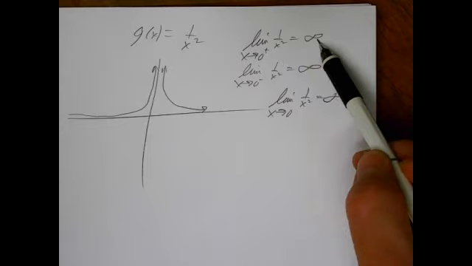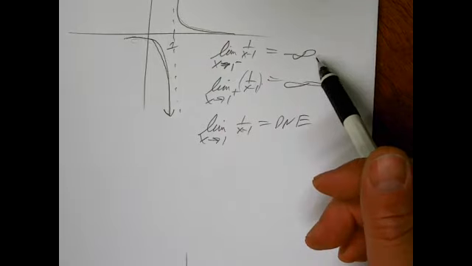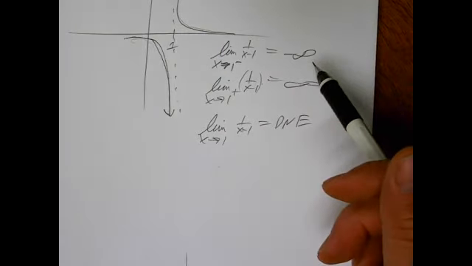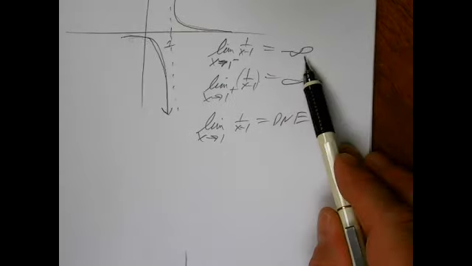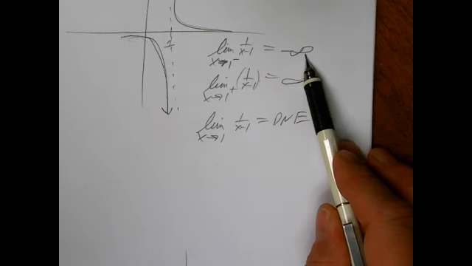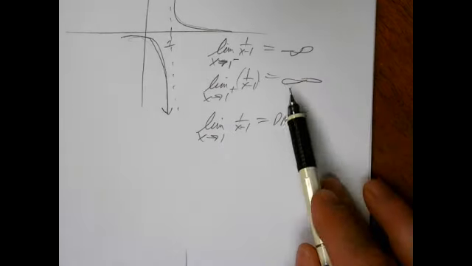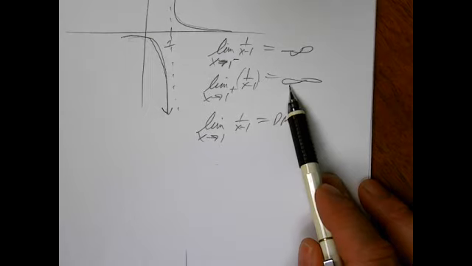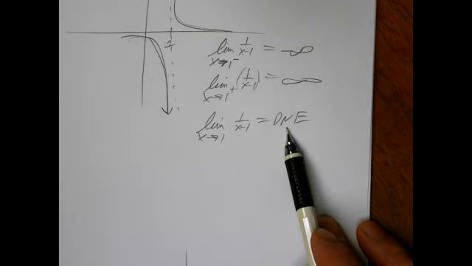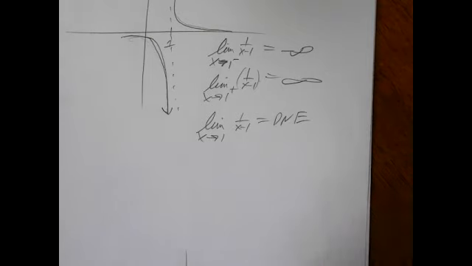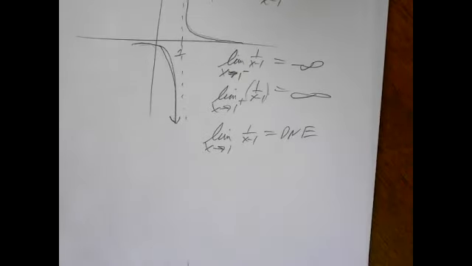When you say a limit equals infinity, or when you say a limit equals negative infinity, you're not actually saying it exists, you're describing how it failed to exist. So this limit failed to exist because it did what we would call diverging to negative infinity. This limit failed to exist because it diverged to positive infinity. This limit failed to exist because the function was doing something different on the left than on the right. Okay, so there you have multiple examples of a way that a limit can fail to exist.